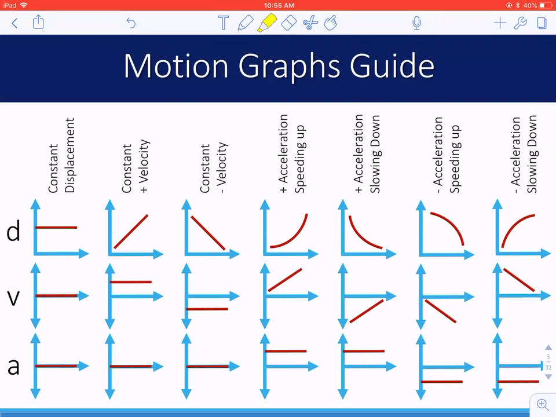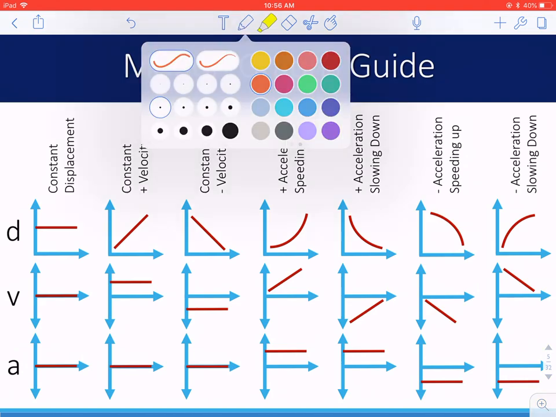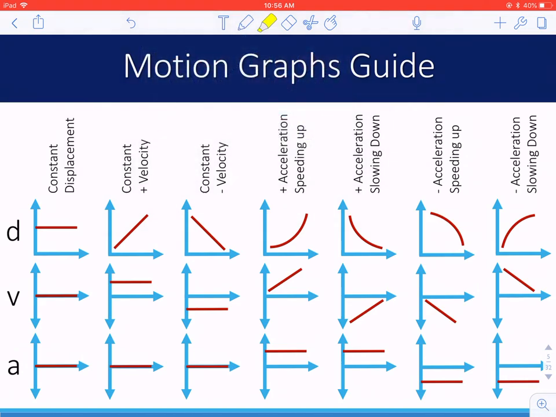You will need to know these motion graphs. My recommendation is don't memorize all 21 of these graphs. Know the general themes, like constant displacement. Displacement is not moving, so the velocity is 0, acceleration is 0.